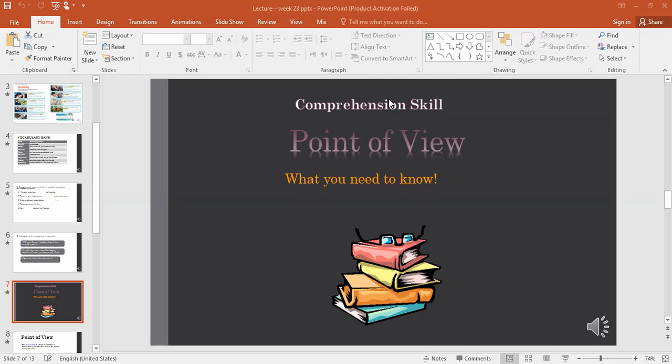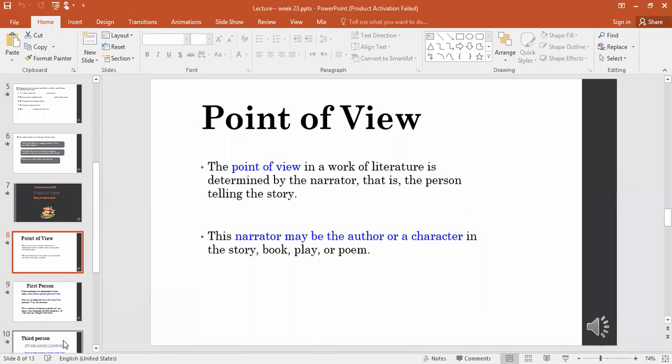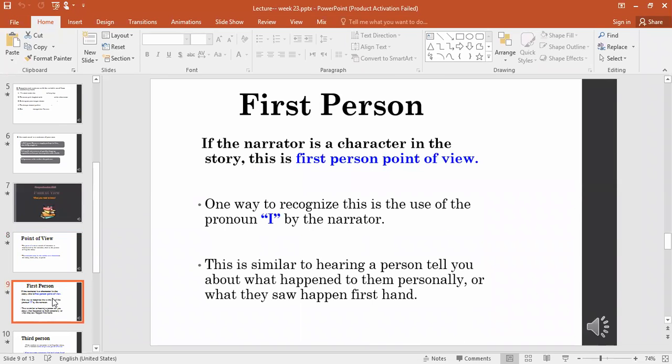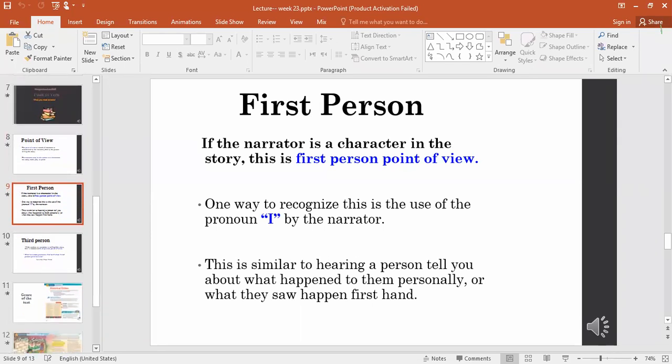Okay, so if the author is using the first point of view, it means he is one of the characters. So he uses I, me, my, and so on. And if the author is using the third point of view, it means he is using she, he, it, they, and so on. Okay? So this is the point of view.